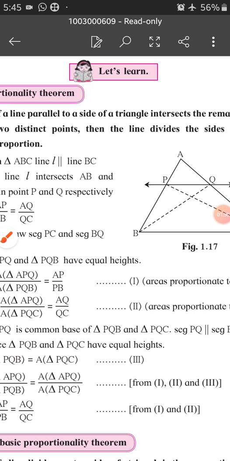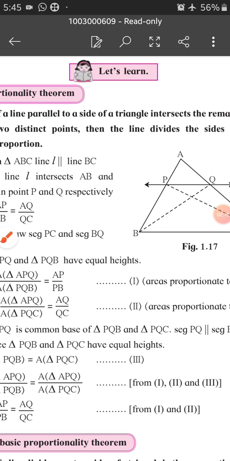Now we are going to find the statement to prove. So for that we'll read the statement after then. Then the line divides the sides in the same proportion. So this line L divides AB into the parts AP and PB, and AC into AQ and QC. Now their proportion means what?